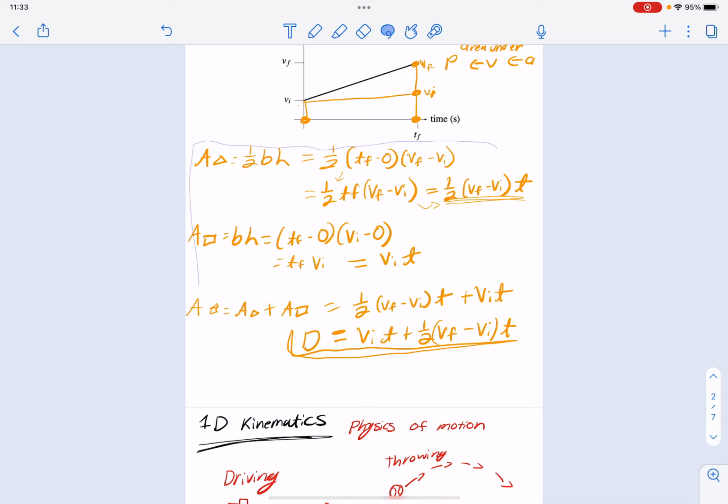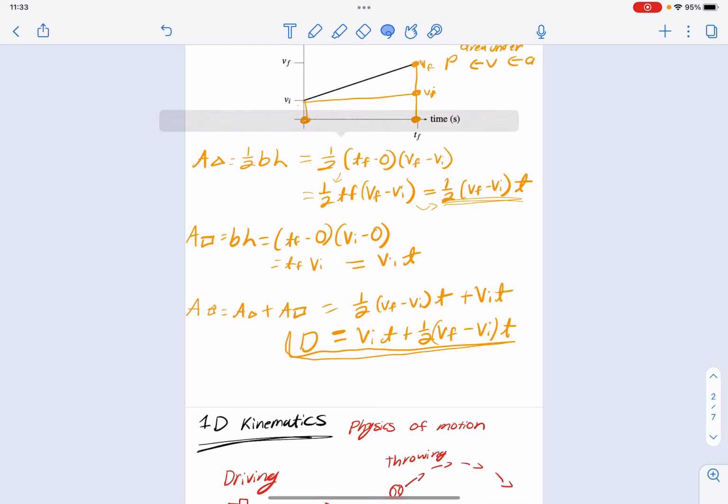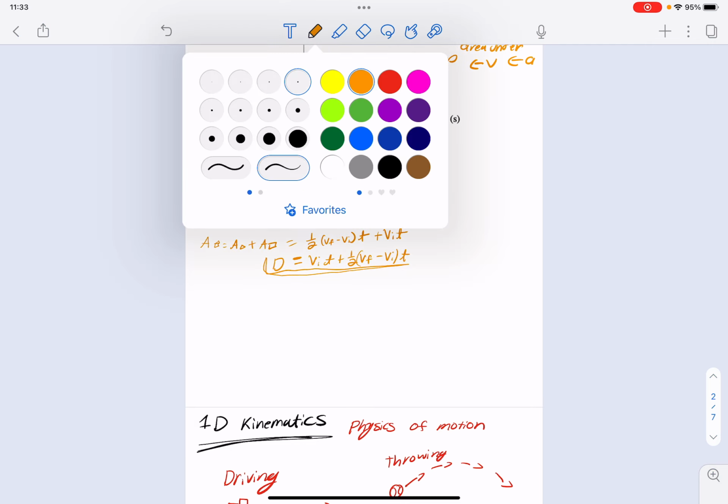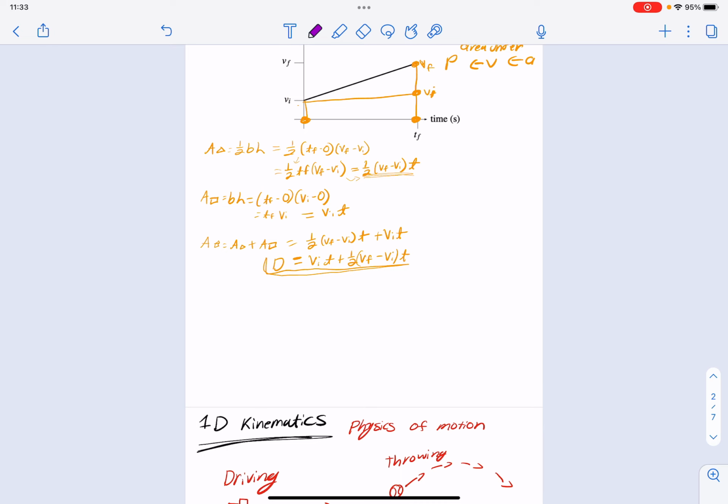Now, let's move on to our acceleration. Now we know it's the slope.